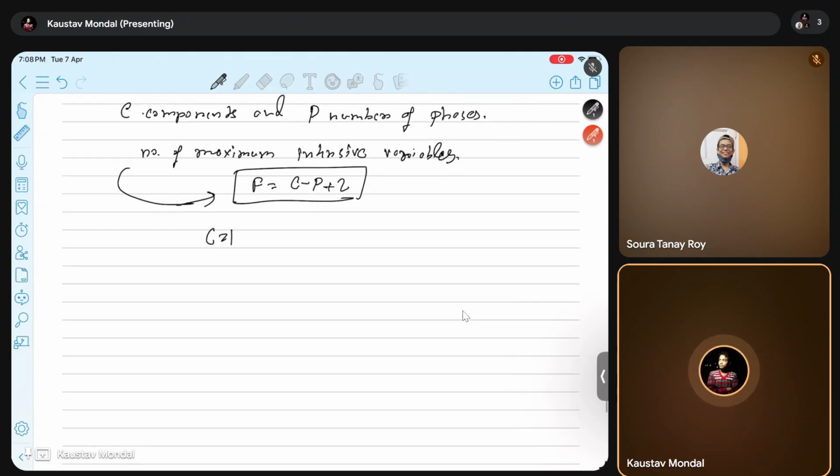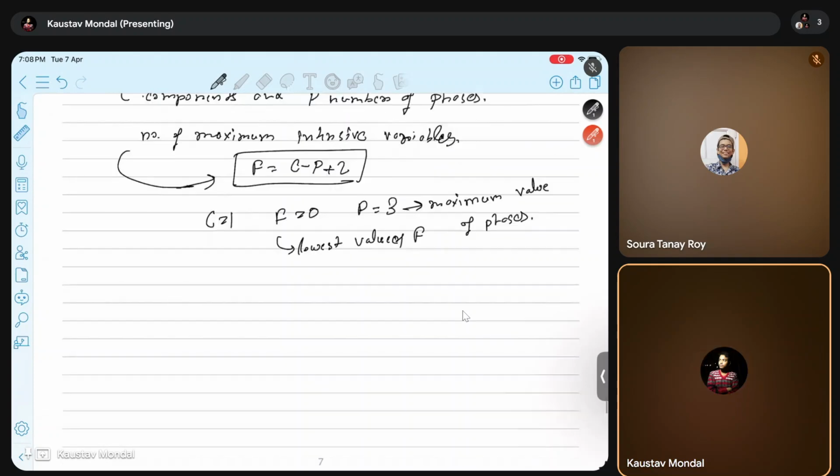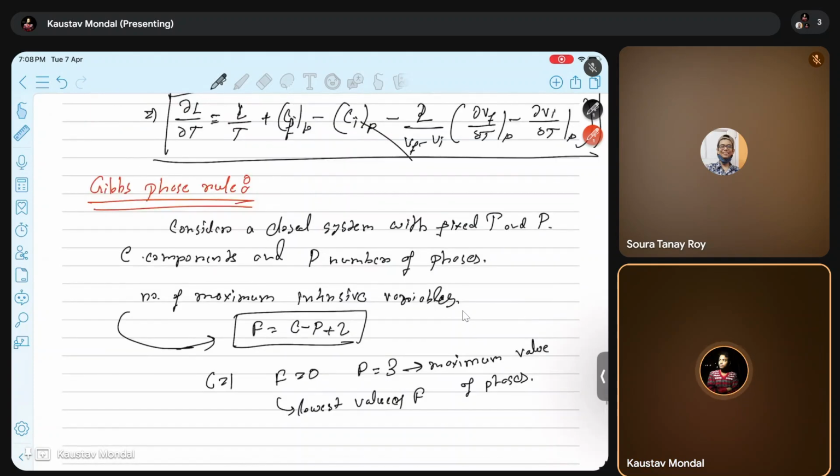The lowest value of F that is required is 0, and in that case P would be equal to 3. So if we take the lowest value of F, the maximum value of phases that is possible is 3 phases. This you get from this Gibbs phase rule.